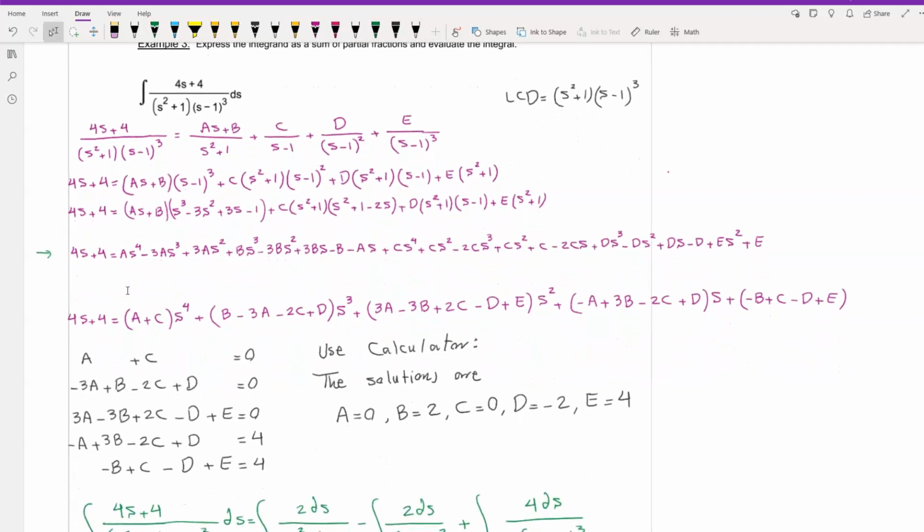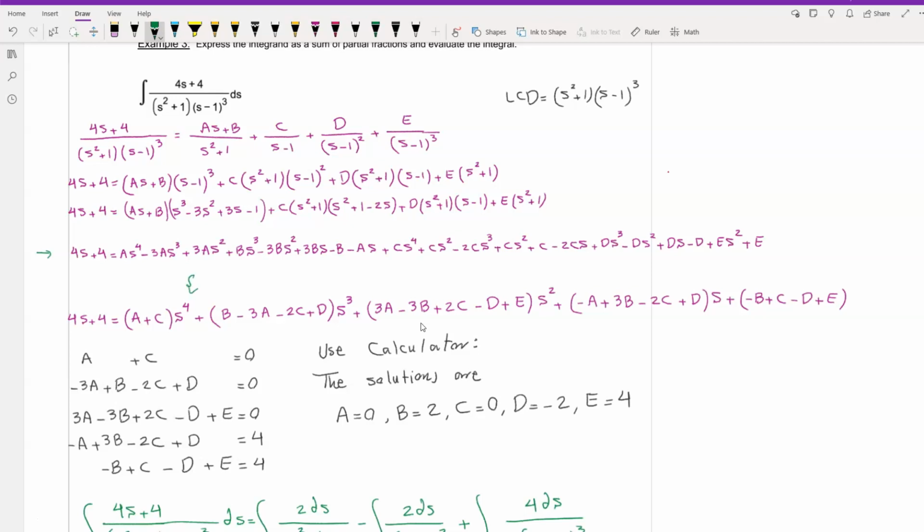So 4s + 4 is equal to (A + C)s⁴ + (B − 3A − 2C + D)s³ + (3A − 3B + 2C − D + E)s² + (−A + 3B − 2C + D)s + (−B + C − D + E).